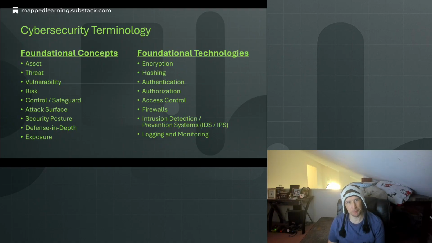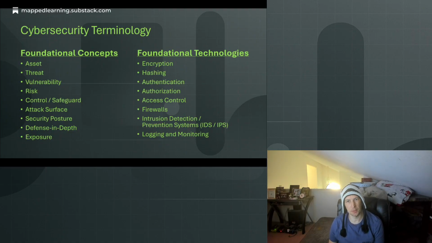So on the left, we have some concepts. We have assets, threats, vulnerabilities, risks, controls, also known as safeguards, attack surface, security posture, defense in depth, and exposure. There are a ton more, but these are the ones that stick out the most.